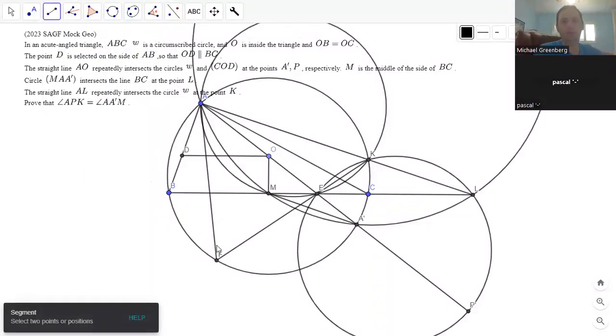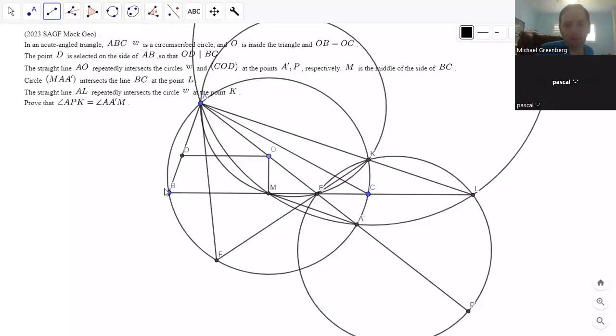Because BCAF we're assuming is harmonic, so if we project through K, then BCLE would be harmonic. And then if we project those 4 points through A prime, it would have to stay harmonic. So these are collinear.